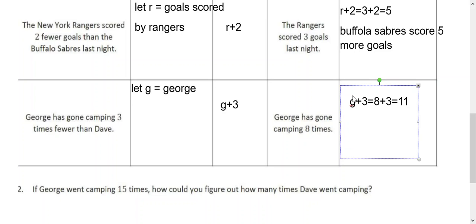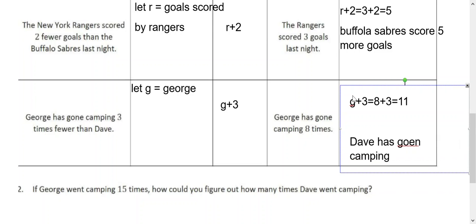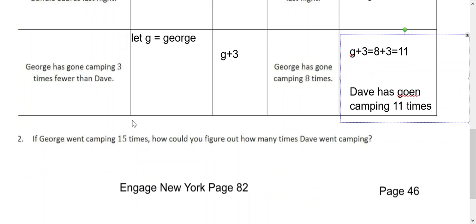So Dave has gone camping 11 times. Okay. Now last one, if George went camping, so you're using the same one from above, went camping 15 times, how would you figure out how many times Dave went camping?